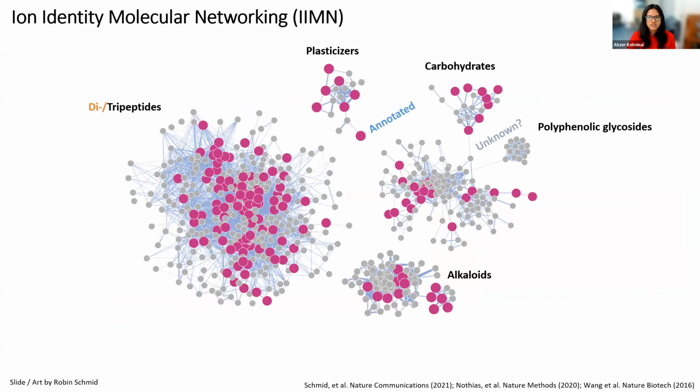So once you have all this information with which you could build this molecular network, and you could propagate into this chemical space of your metabolites or your data, where you could see these nice clusters of carbohydrates, plasticizers, alkaloids.